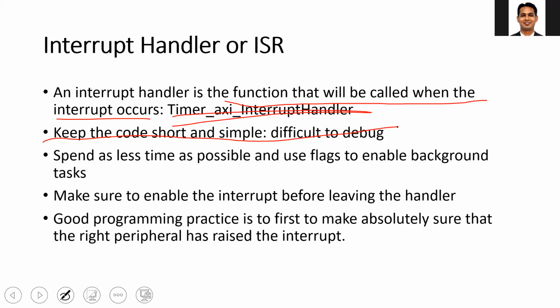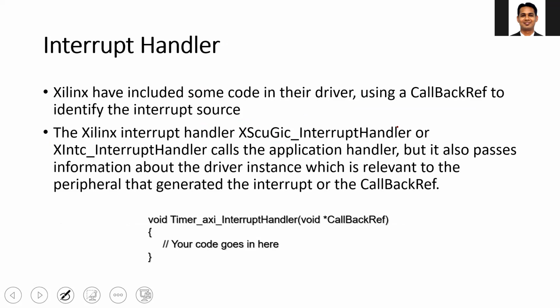But to do this, you need to get the details about the IP that has generated the interrupt. For this, Xilinx in their code has used the callback reference. If you see your interrupt handler, you can see that when you generate the interrupt, you also pass this callback reference, and this will tell you who has generated the interrupt.